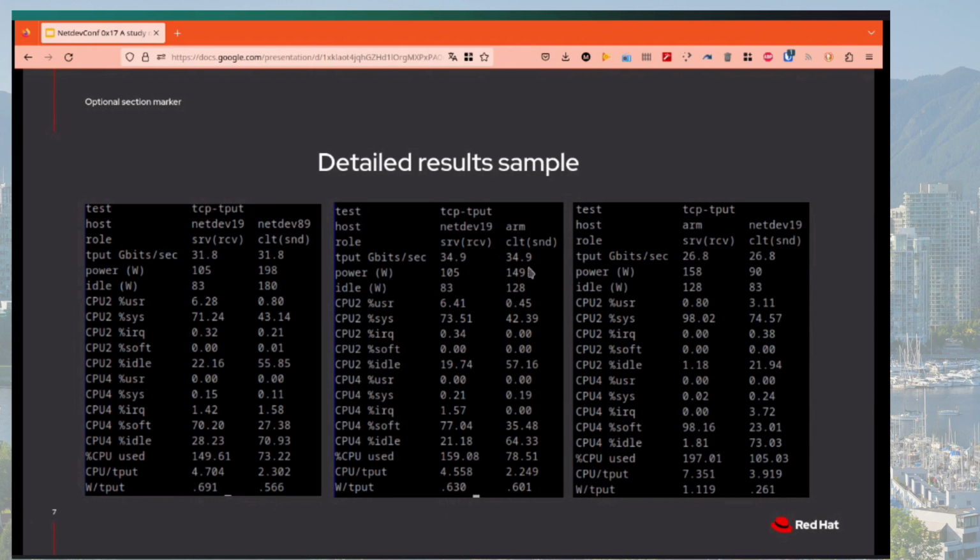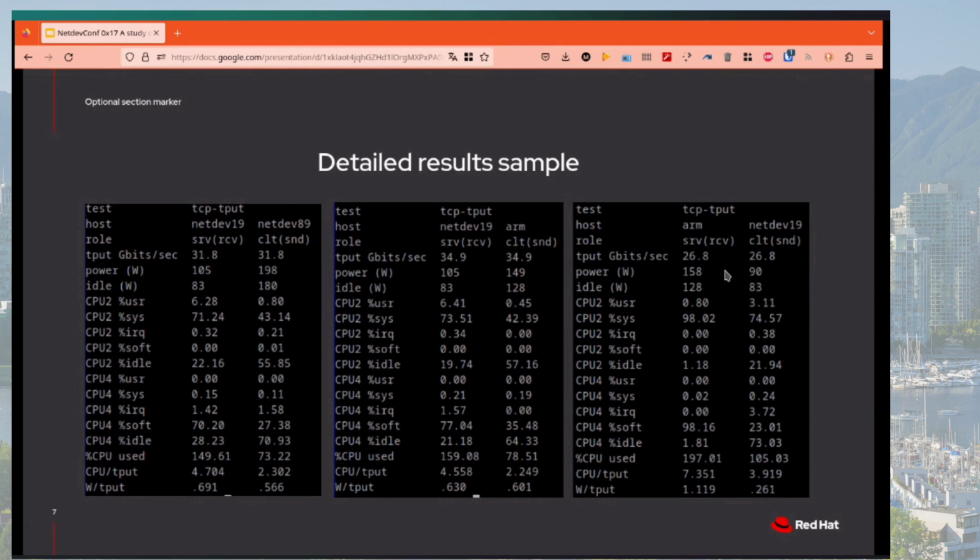And here, our ARM server was able to push more traffic than the Intel one. So the results on the ARM server when sending traffic were slightly better on the CPU percentage per gigabit per second. And it used a little bit more power.